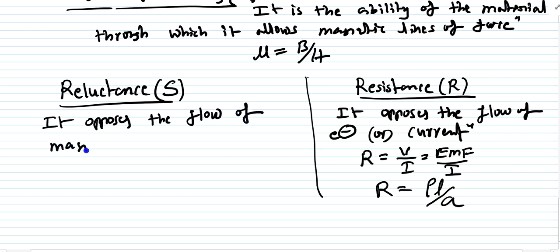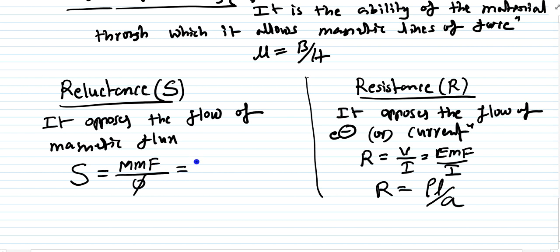Then reluctance S can be defined as MMF per flux phi, or the number of ampere turns N into I by flux. The unit is ampere turns per Weber.